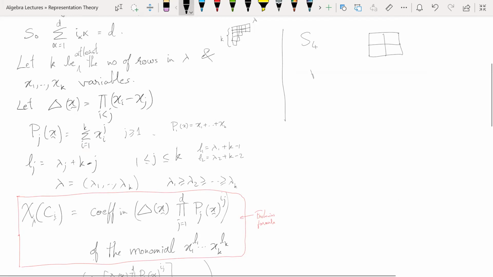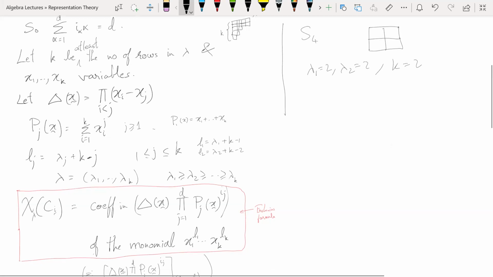So lambda 1 equals 2, lambda 2 equals 2. Too many 2's here, but it's okay. Let's do this. So you want to compute the character table of S4.